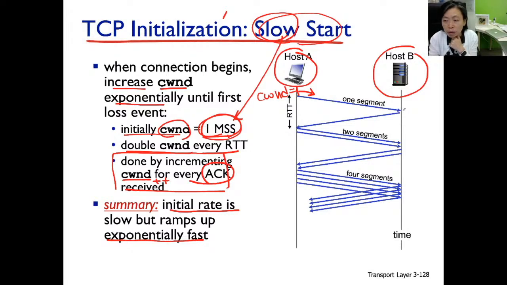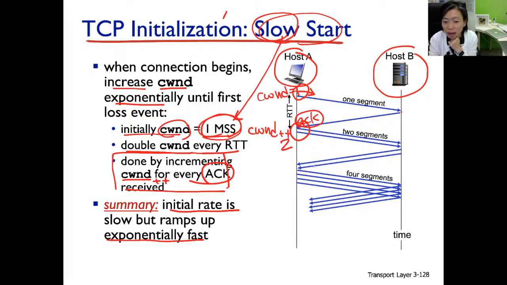That data packet will go, and the receiver will send an ACK back. Host A, receiving an ACK, does cwnd++, and the increment is 1 MSS. As a result, it was originally 1, now 2. Therefore the sender can send 2 segments.